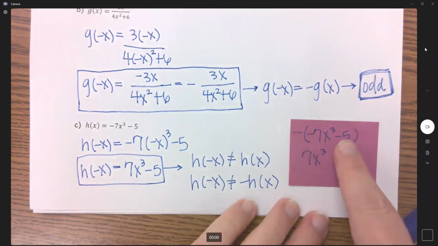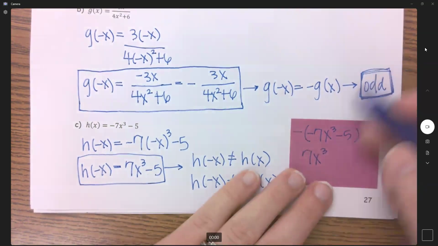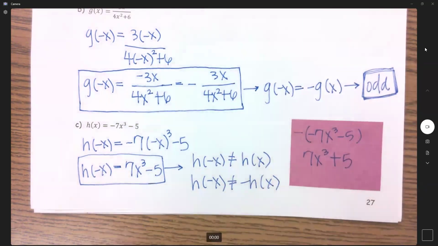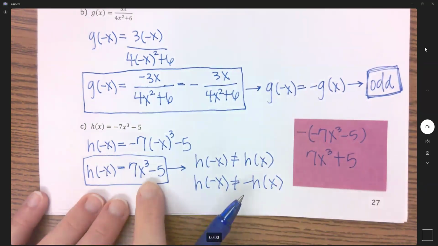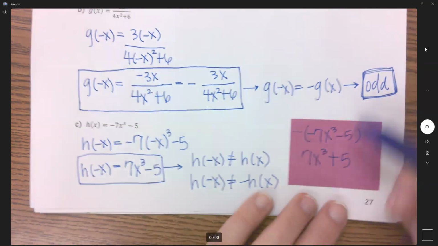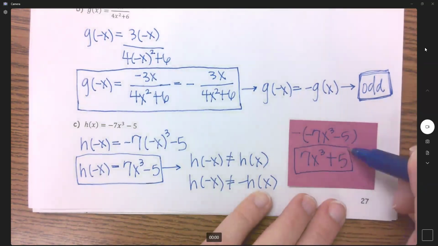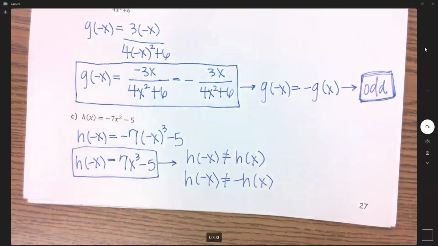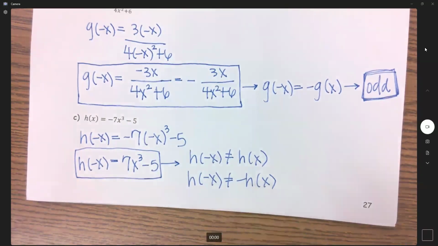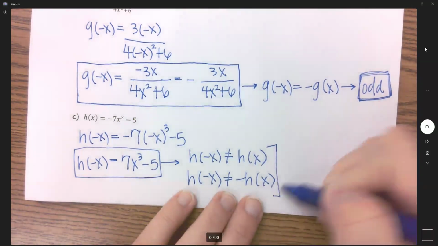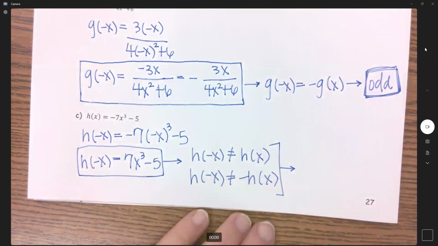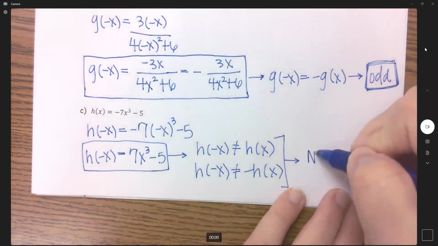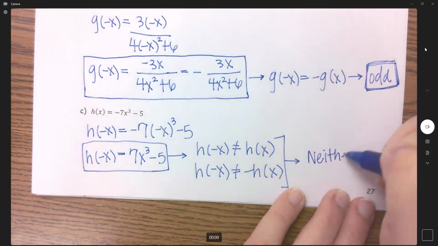But the negative times negative would be positive 5, and I have a negative 5. So it is not the opposite. This would be negative h of x. So it does not equal the negative either. Because it does not equal either of these, that makes this one neither.